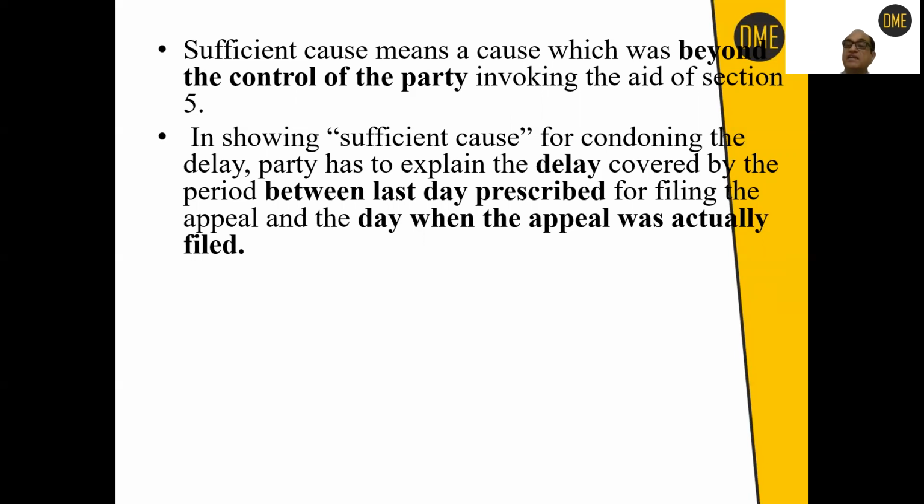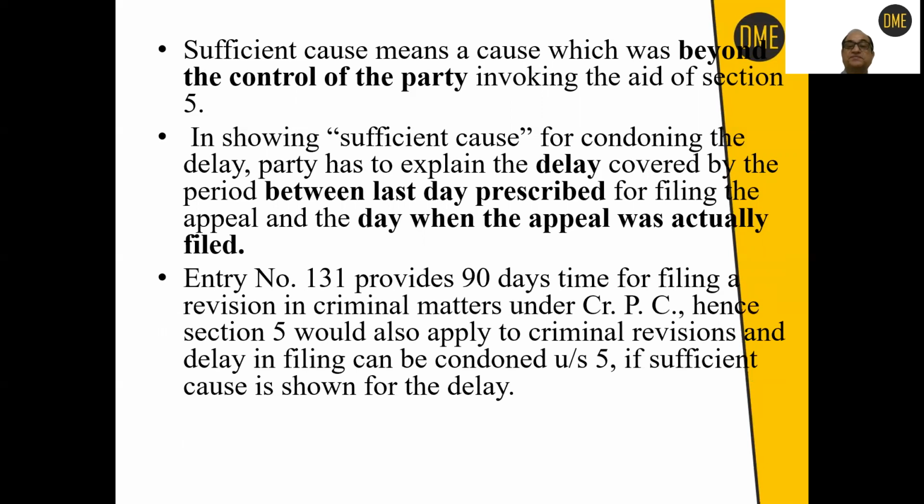Each and every day has to be explained as to why you could not file your appeal or application from the date of last day of limitation and the day when actual appeal was filed. You will have to explain each and every day in between these two dates.